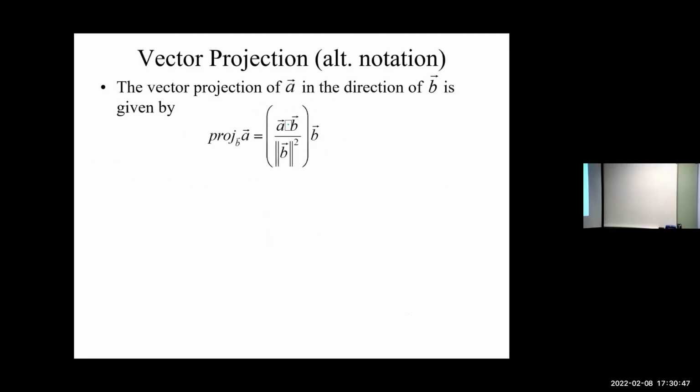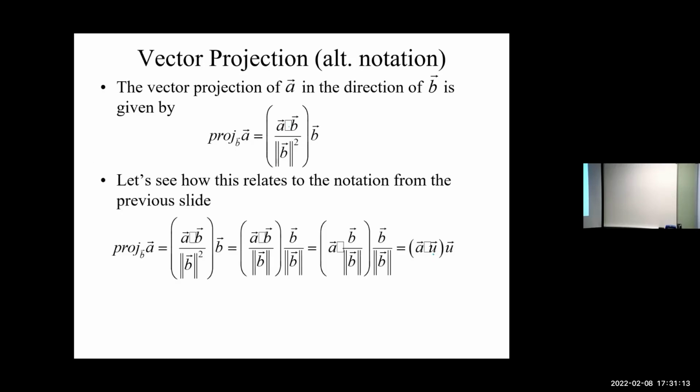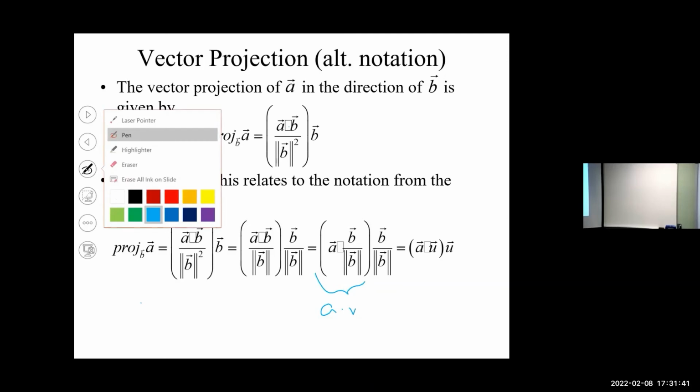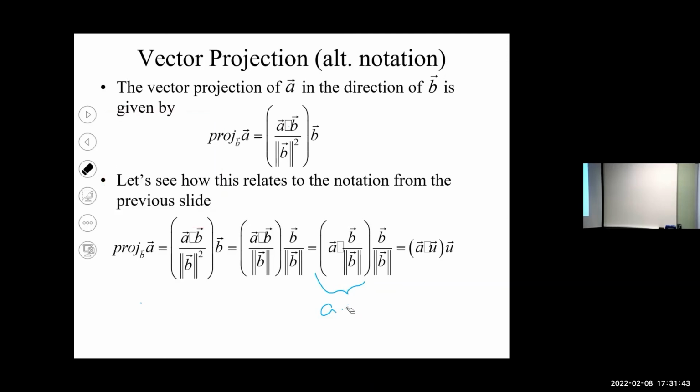Oh, there's a little symbol missing here. There should be a dot there for a dot product. I use the A dot U here. So this is just showing how the two notations are the same. What's happening, and I want to make sure I clarify this, is if you notice what's happening right here, that's the A dot U from the previous slide.